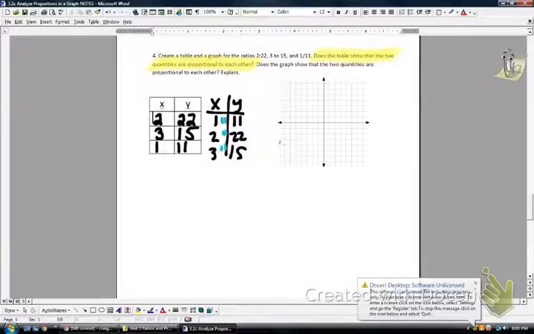But 3 times 11 is not 15. So the table is not proportional, and the reason why is I don't have a constant of proportionality.